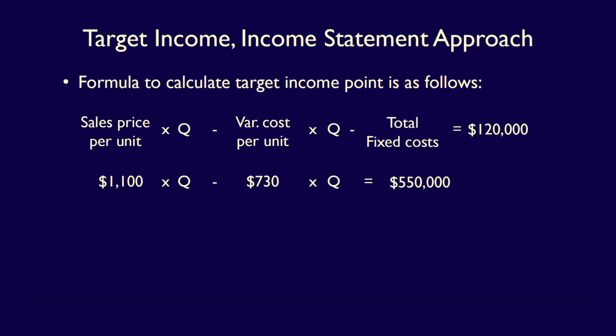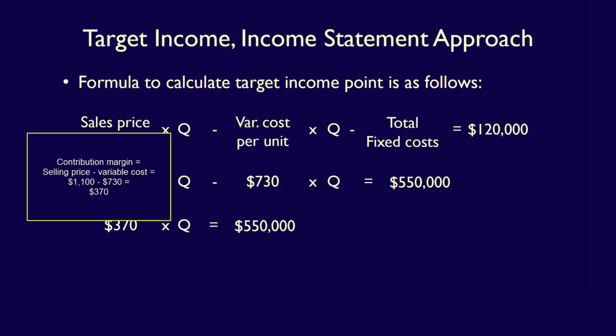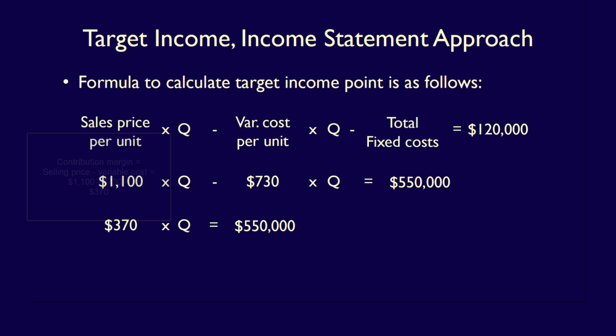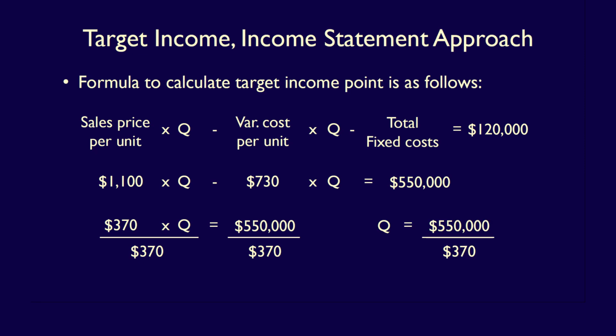When we simplify, we see that 1,100Q minus 730Q is equal to $550,000. 1,100Q minus 730Q is equal to 370Q, so 370Q is equal to $550,000. We can now solve for Q by dividing both sides by 370. So 370Q divided by 370 equals $550,000 divided by 370. Q is equal to $550,000 divided by 370.